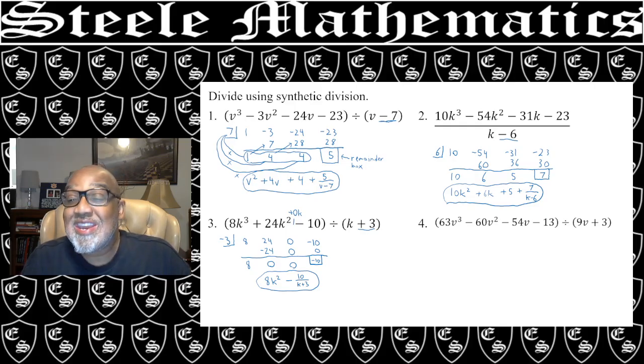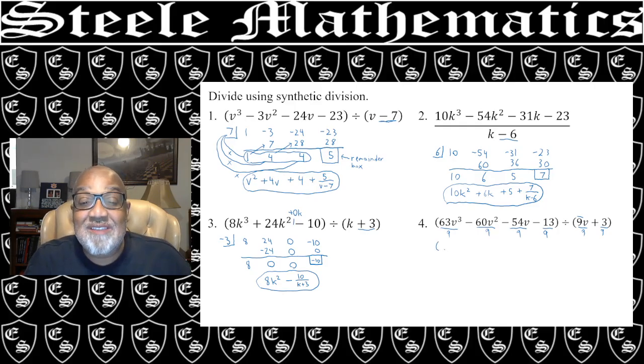But as you can see here, the leading coefficient is 9. So if that happens, you're going to divide everything by 9. Divide everything by 9. And we're going to rewrite this.